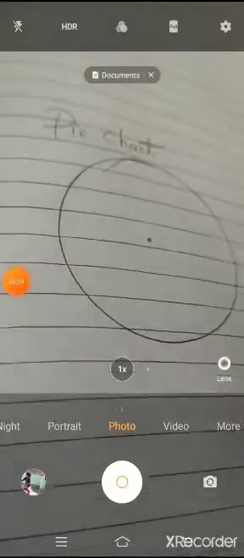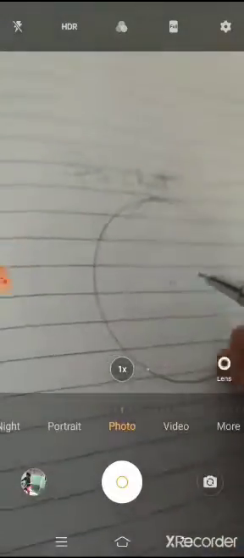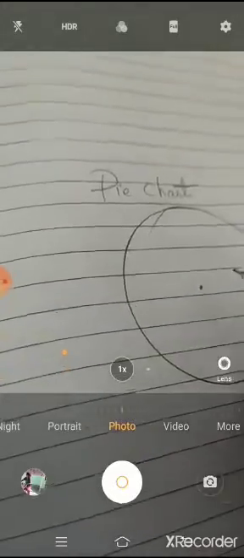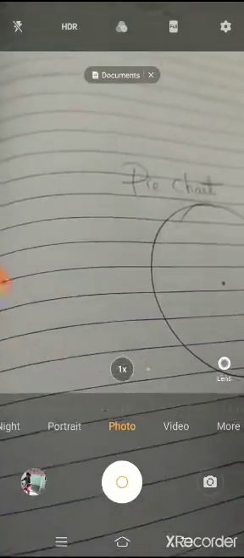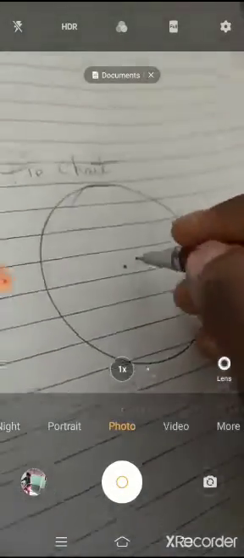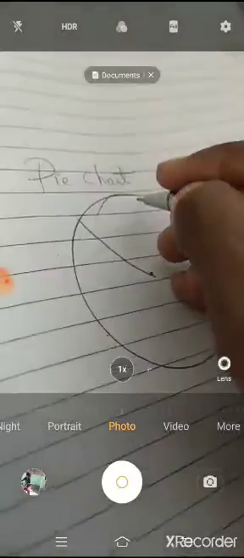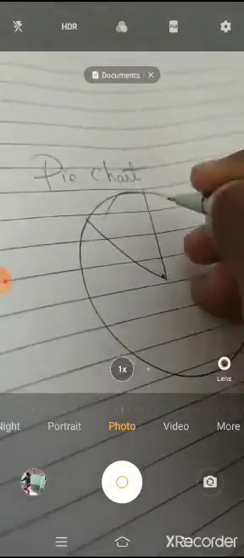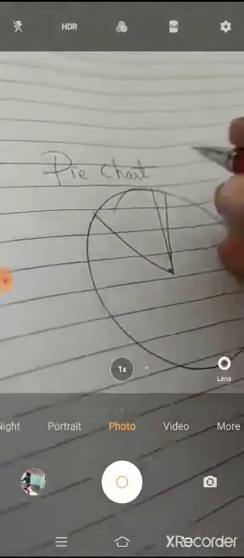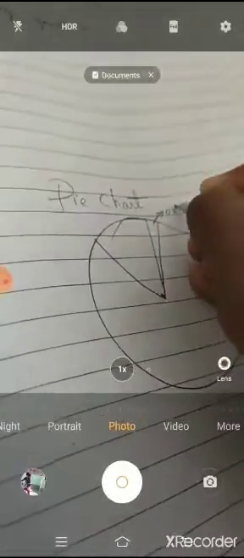We have one more graph called the pie chart. Pie chart means there will be a circle and a center. From here we can say the composition of, for example, the air in the atmosphere: we have 78% nitrogen and another 21% oxygen and around 0.0-something percent other gases.